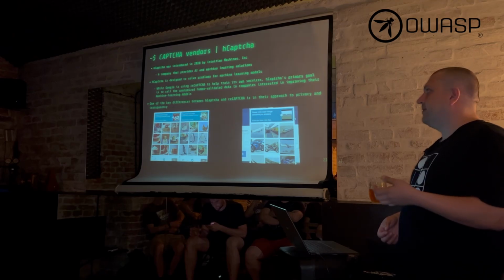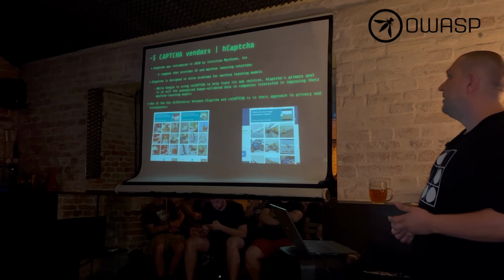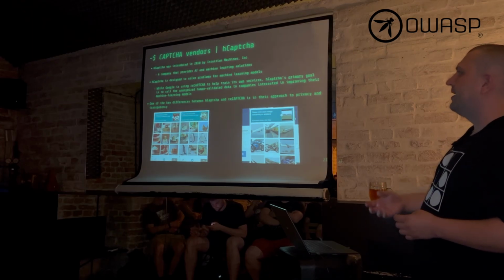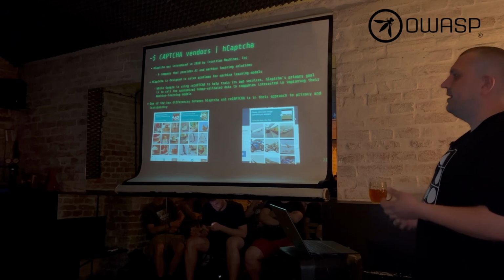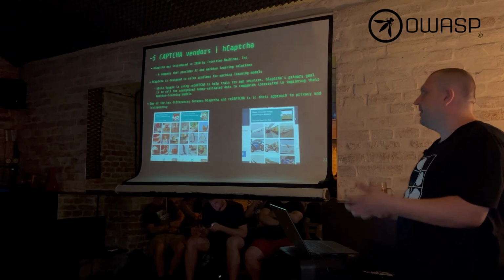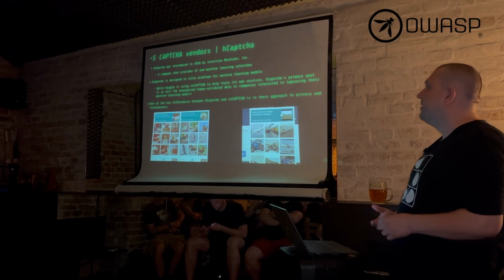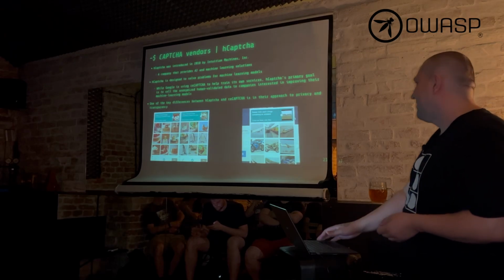And because they are getting the money from the companies that are training the machine learning models, if you serve the CAPTCHAs, you are getting hCaptcha points, which pretty much means money. So if you have a website and you are serving the CAPTCHA and people are solving it, you are getting a small amount of money for every CAPTCHA solved. But it's pretty much peanuts, so there is nothing.